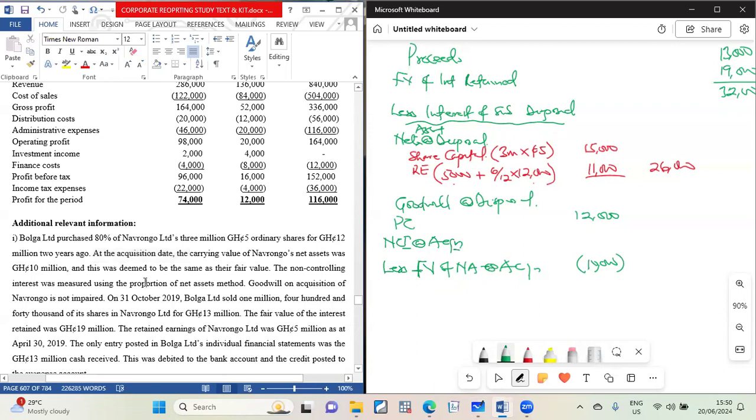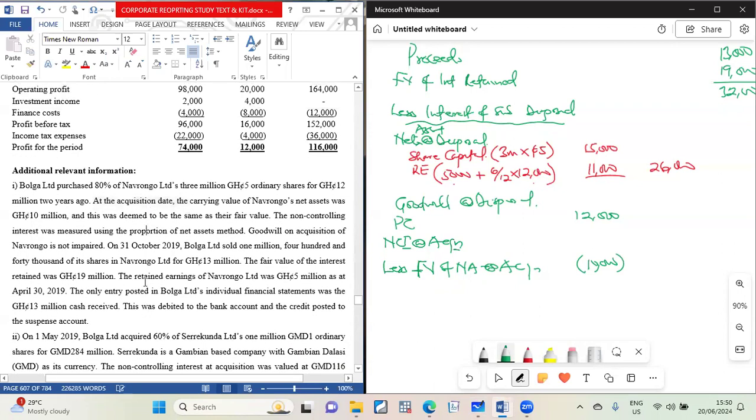When they bought Navrongo, this is the information we have. They bought for 12 million. Acquisition net asset is deemed to be as their fair value. The NCI uses proportionate.